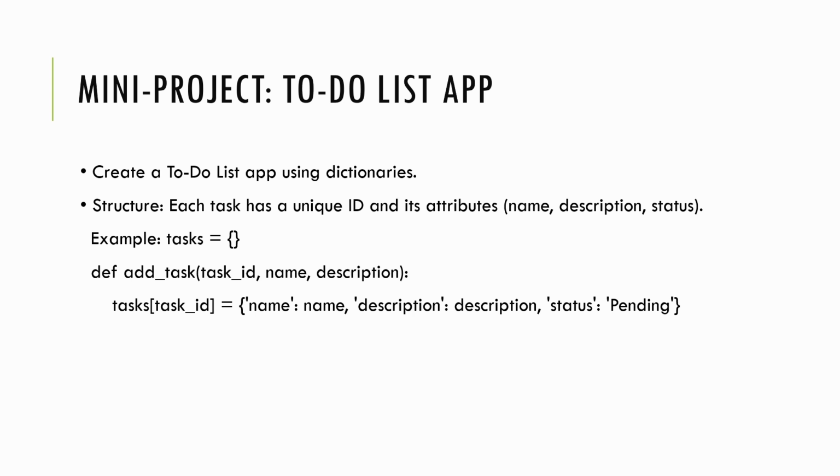Tasks is assigned an empty dictionary. Def add_task(task_id, name, description): tasks[task_id] = {name: name, description: description, status: pending}. This function adds a new task to the dictionary.